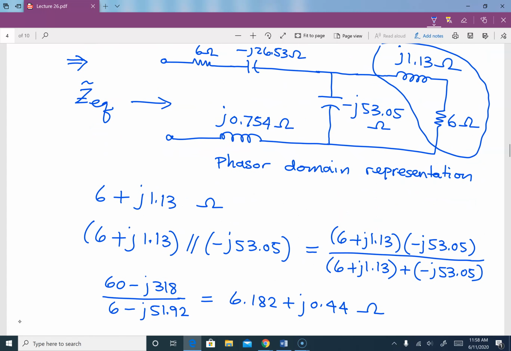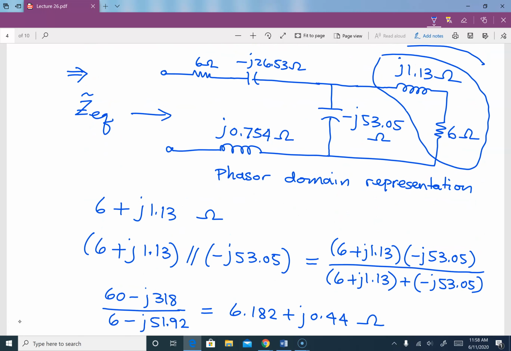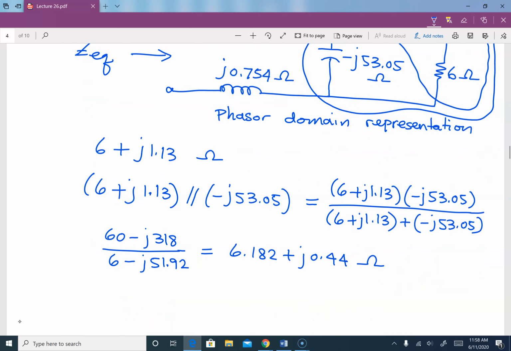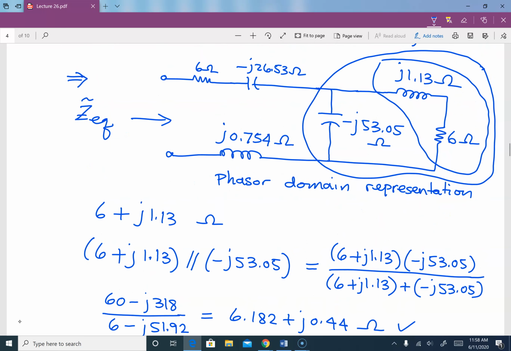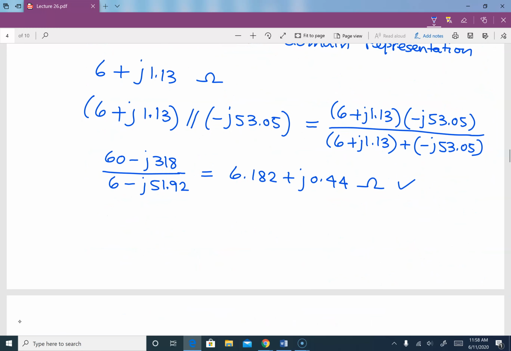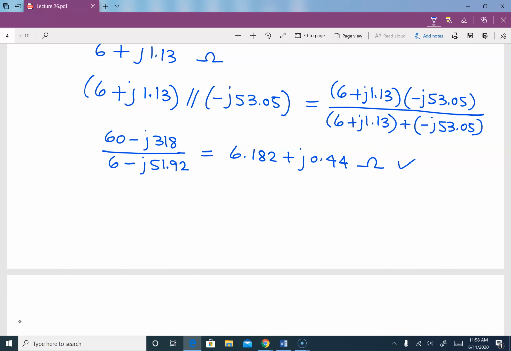So now we have done this part of the circuit. Then the whole thing is represented by this element here. That means the rest are all in series. Then we can say this will give us 6 minus J 26.53.